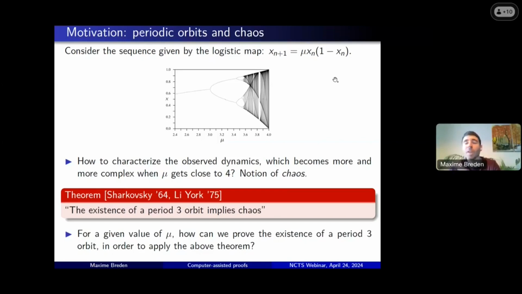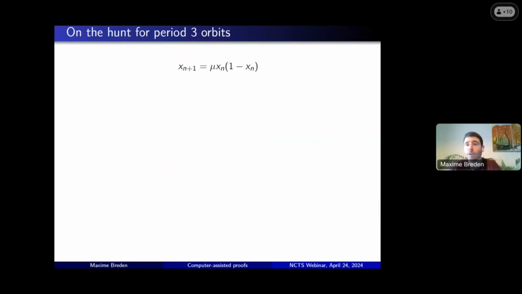I'm not claiming, as I said, that this is the only way of doing it, but most of the ideas in the way I'm going to show you generalize to more complicated problems. Okay. So the first step to prove that a period 3 orbit exists is maybe to convince yourself that there is one. So you might want to start doing some numerics and then see if you find the period 3 orbit. And again, there are different ways of doing that.